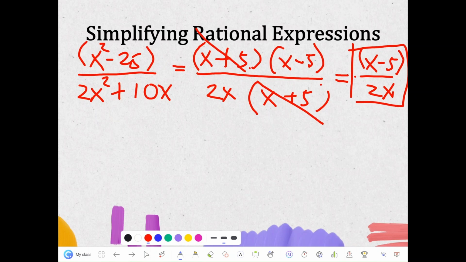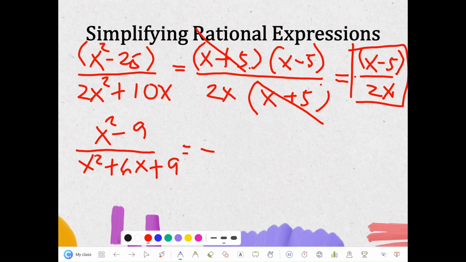Okay. Another example. Binigyan ka ng, say for example, x squared minus 9 all over x squared plus 6x plus 9.